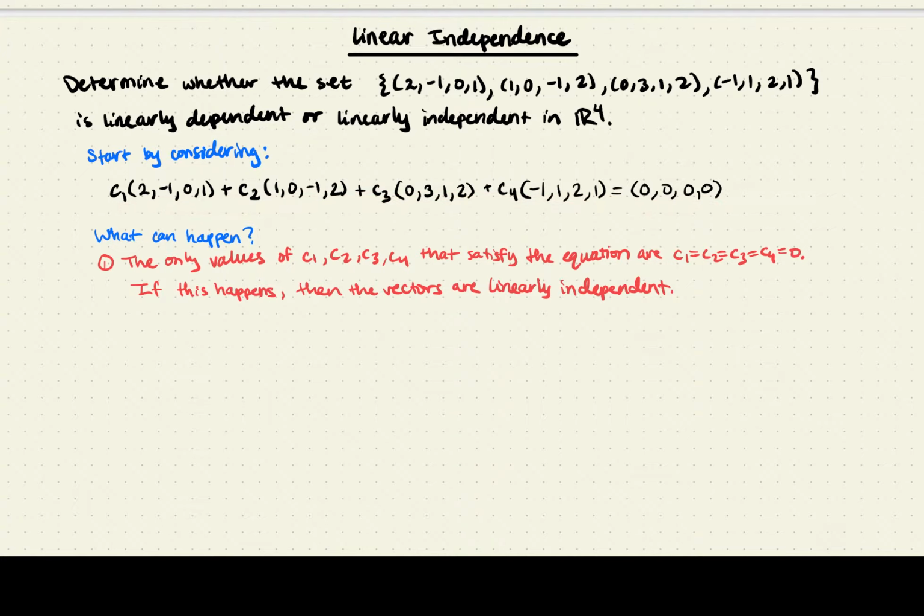The other option, or option 2, the second thing that can happen is that there are some non-zero values for the constants, values for C1, C2, C3, C4 that satisfy the equation.